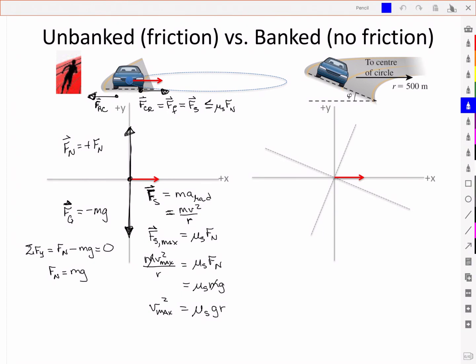On the right then, I've got now a banked road. And so like we did with inclined planes, I'm going to rotate my axes. I'm going to take my axes and rotate them upwards to match the banking angle of the road. And if I bank my x-axis that way, that means I'm banking my y-axis with the same amount of phi here.